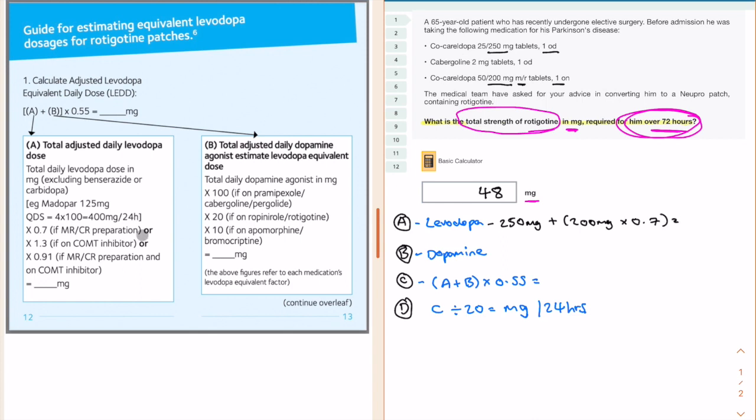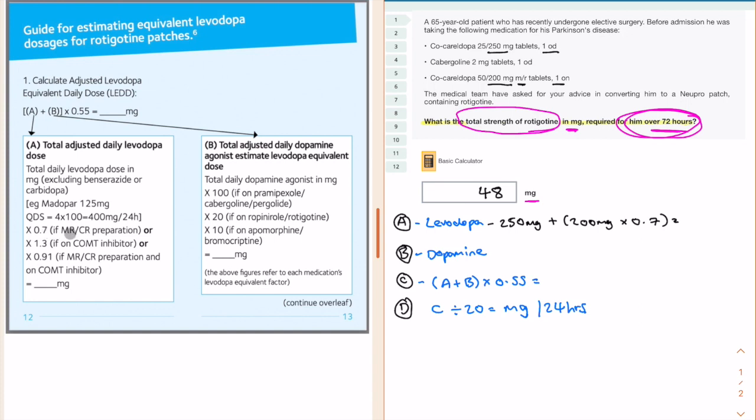Make sure you understand this: when you've got your levodopa, if it's a modified release preparation, look to your resource pack and use that value, 0.7. The patient's not on a COMT inhibitor, so we're not going to use any of those other values. We're just going to use the 0.7.